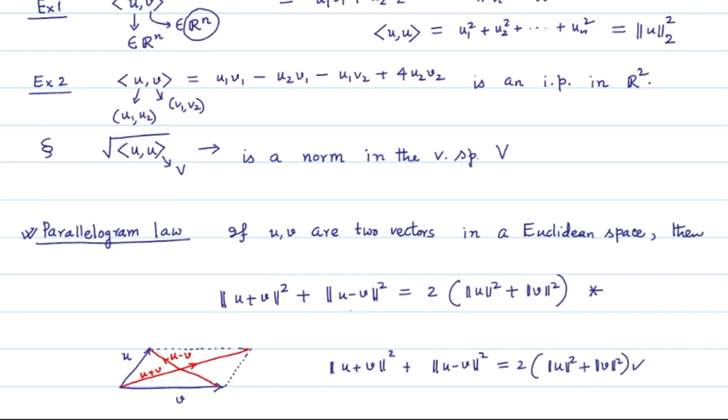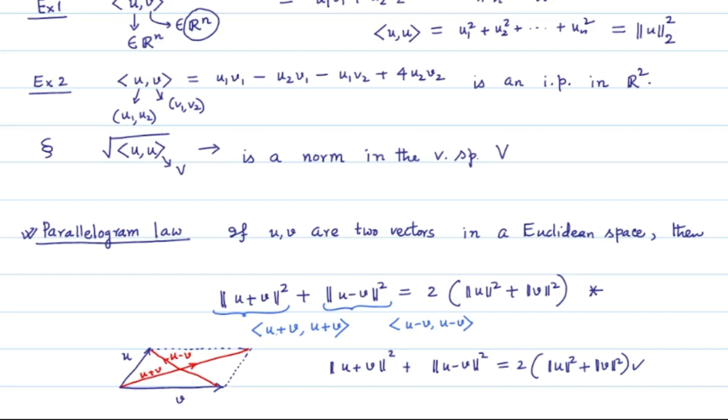This parallelogram law can be easily proved by expanding norm u plus v square as the inner product of u plus v and u plus v, and expanding norm u minus v square as the inner product of u minus v and u minus v.